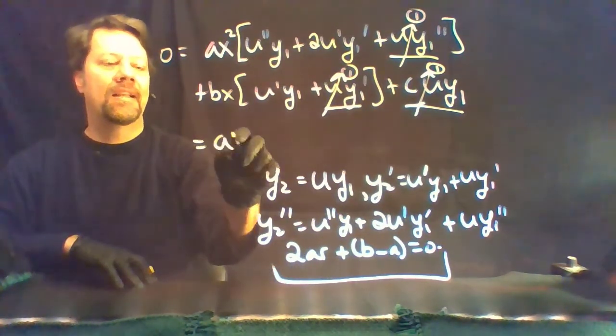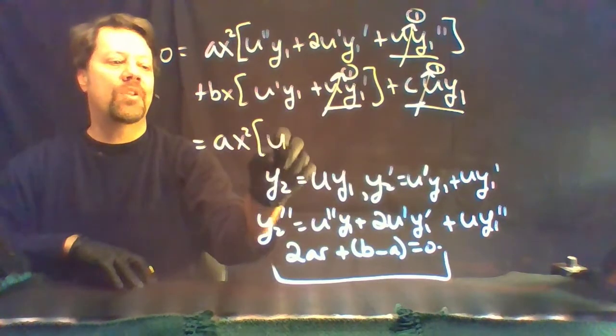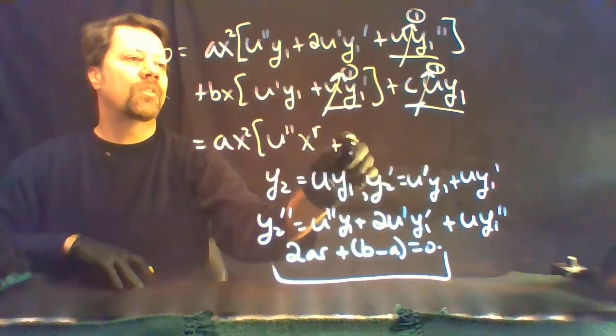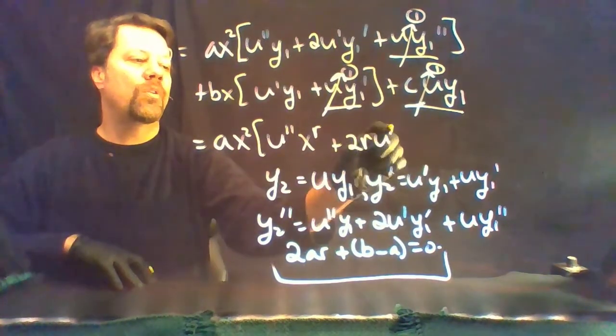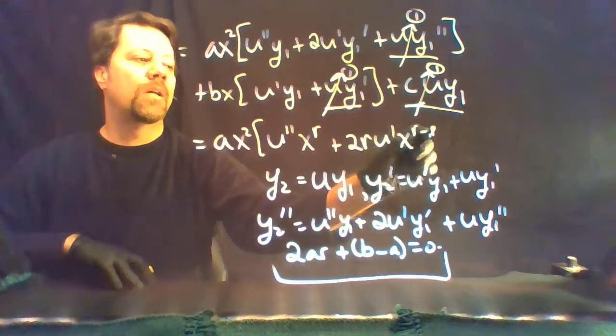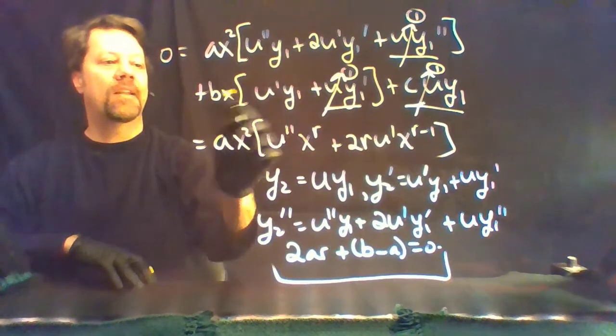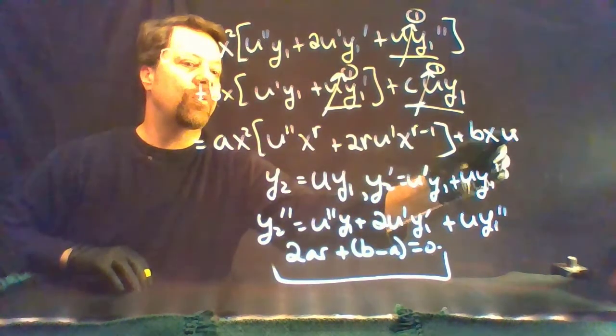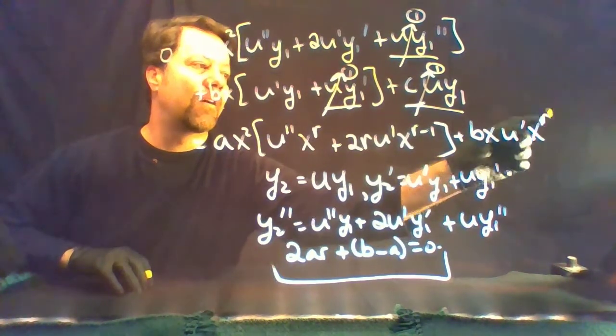We get ax squared times u double prime x to the power r plus 2r u prime x to the power r minus 1, and then plus bx u prime x to the power r.